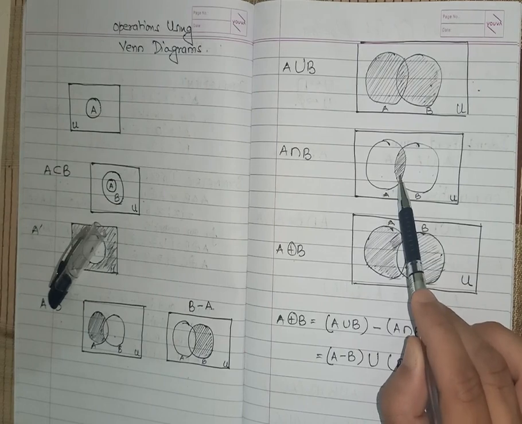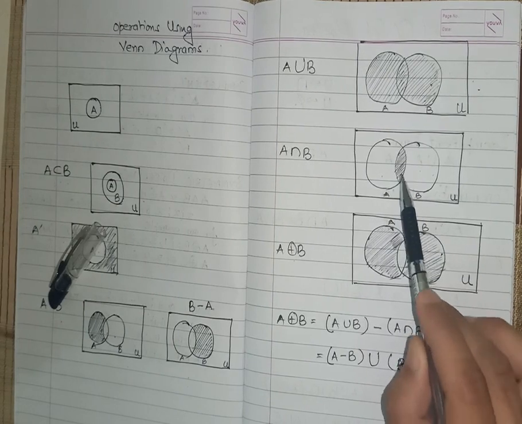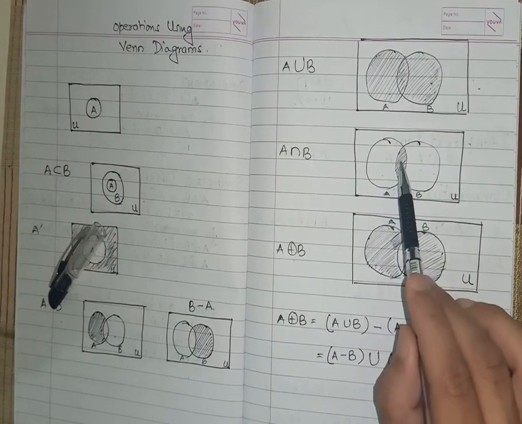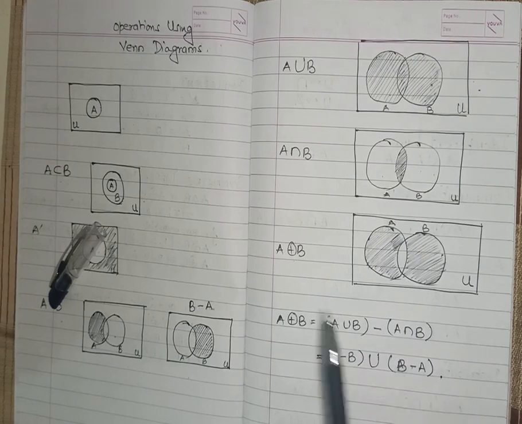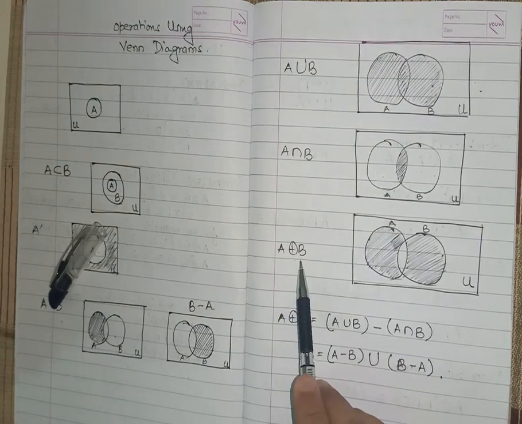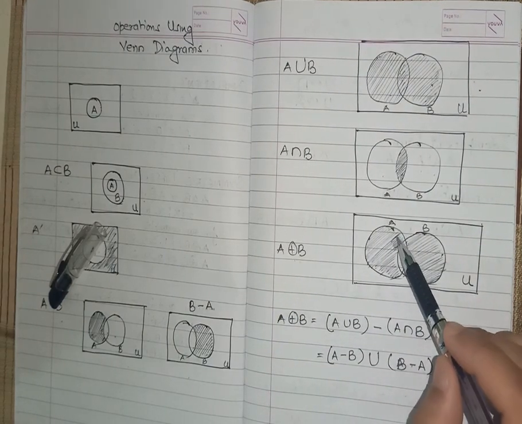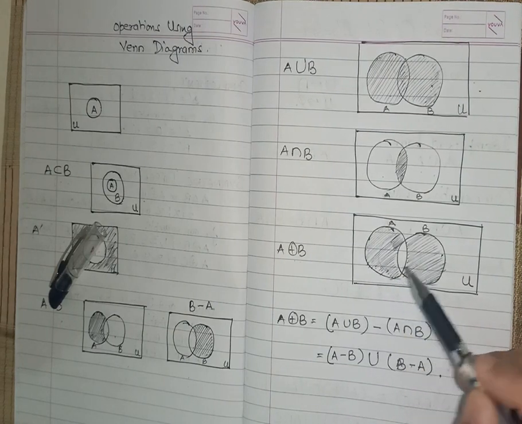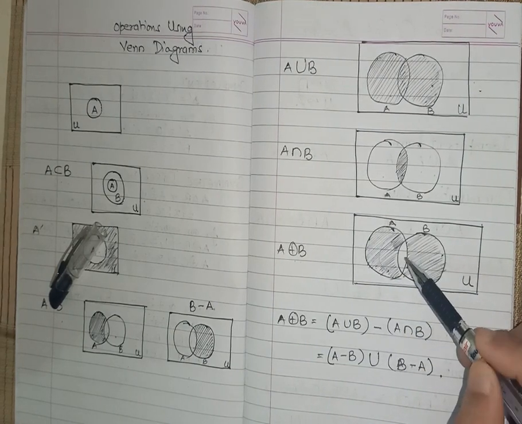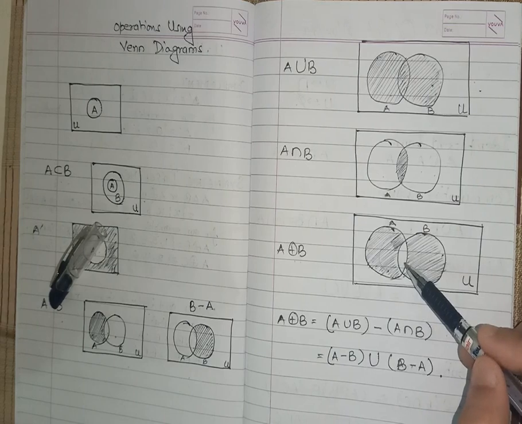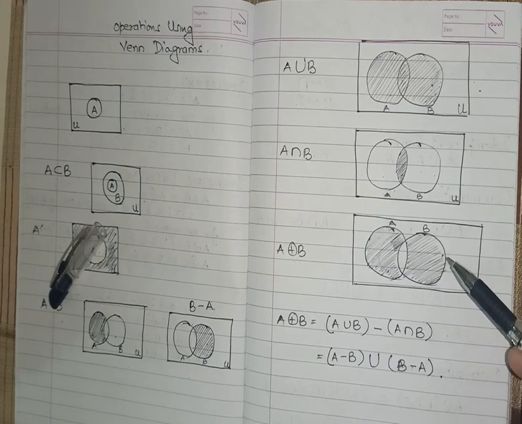Only this common region is considered to be the A intersection B. Then symmetric difference. Symmetric difference means all the elements which are present in A or which are present in B but which are not present in both. They are called the symmetric difference elements.